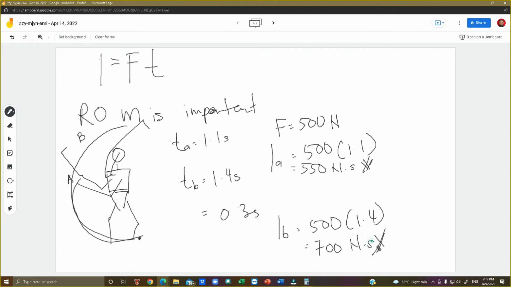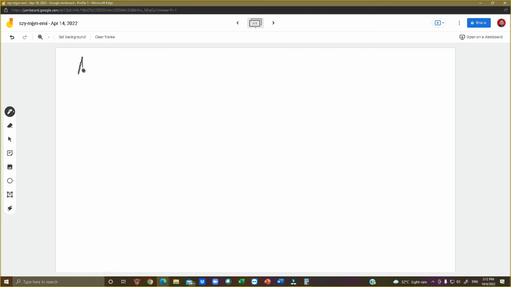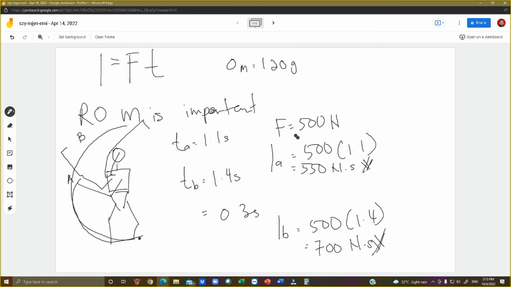Okay, ni baru impulse. Let's say the weight of this golf ball is 120 gram. Okay, kita cuba calculate dia punya momentum. Momentum A, momentum B. Okay, we try to find out how fast the ball travels. So momentum A equals to mv. Momentum A, kita ambil IA, 550.